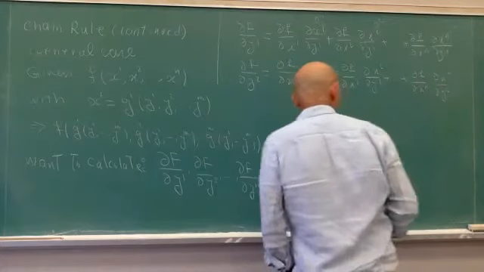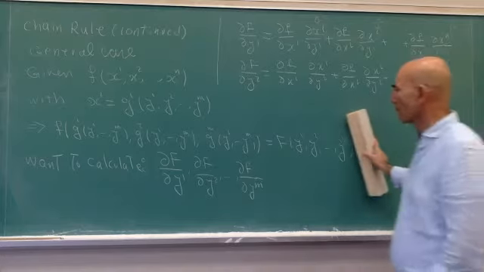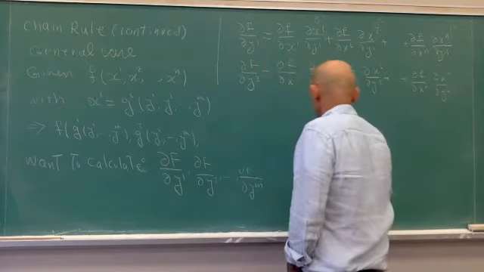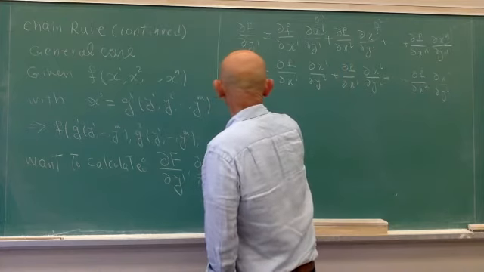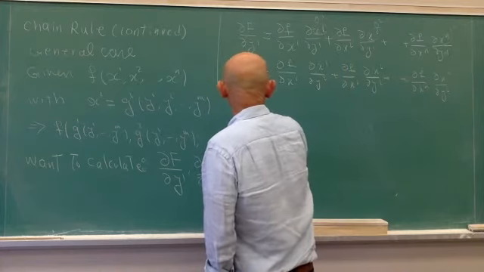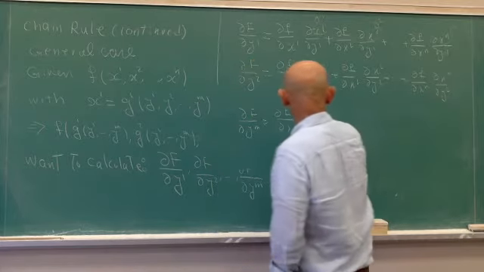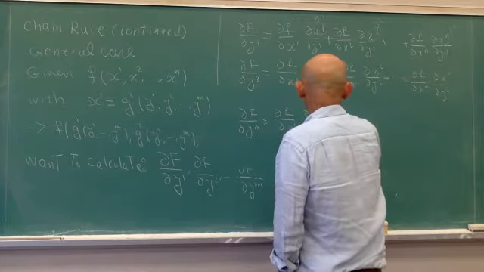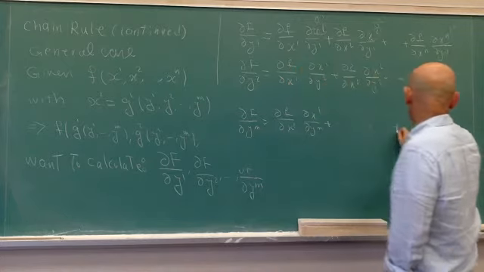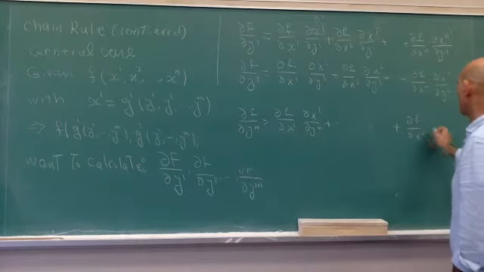And for the last one also, of course, you just continue, and then the last one, df dym is equal to df dx1, dx1 dym, plus all the way up to df dxn, dxn dym.